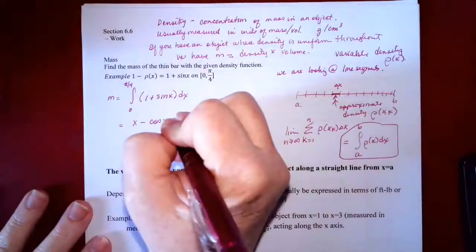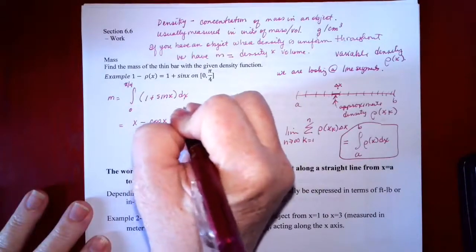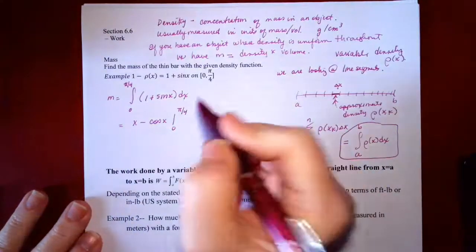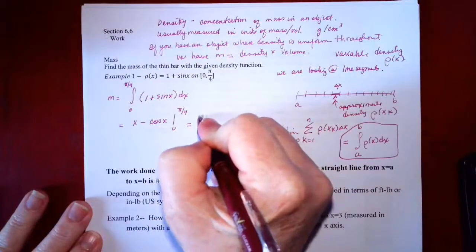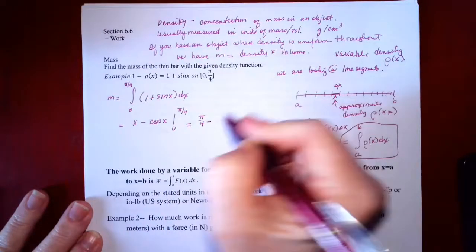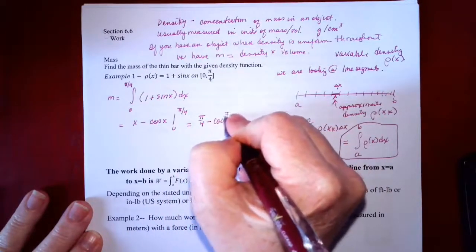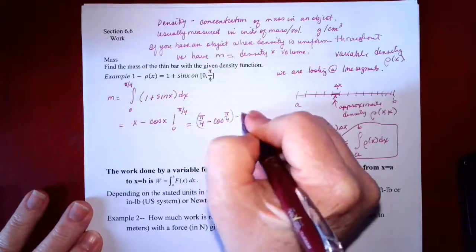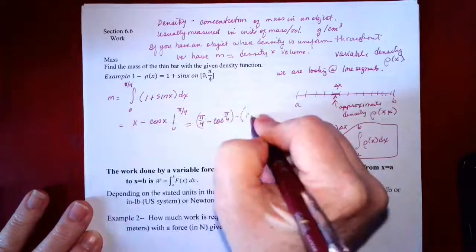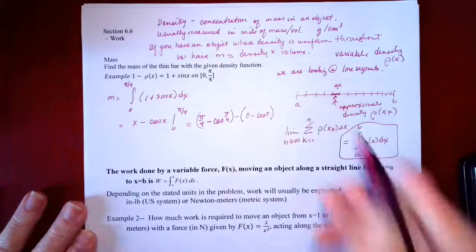X minus cosine x from 0 to pi over 4. Good job. So we would have pi over 4 minus the cosine of pi over 4, minus 0 minus the cosine of 0.